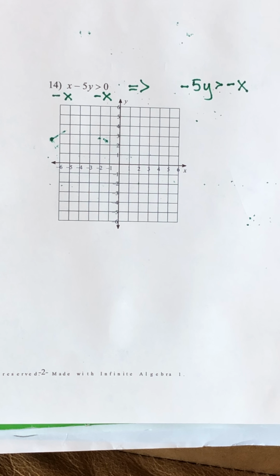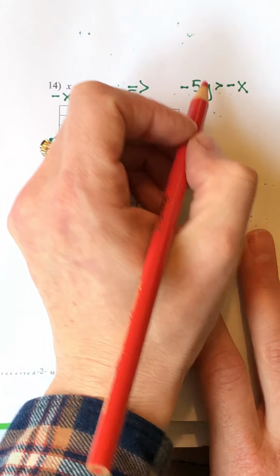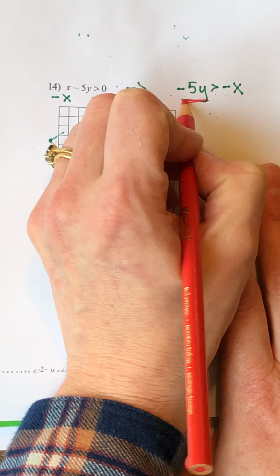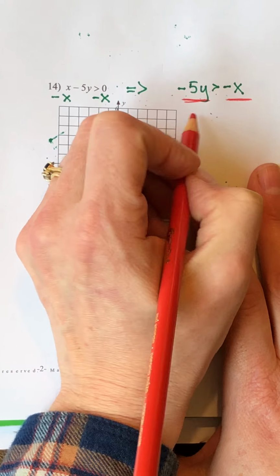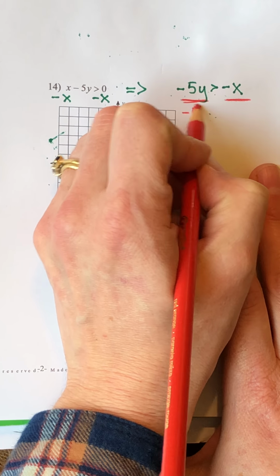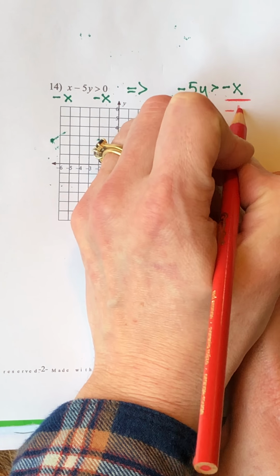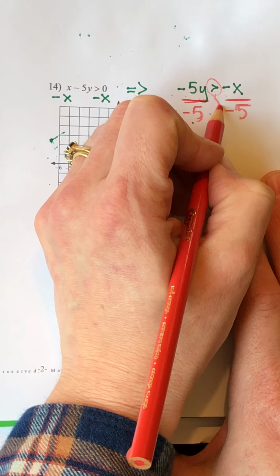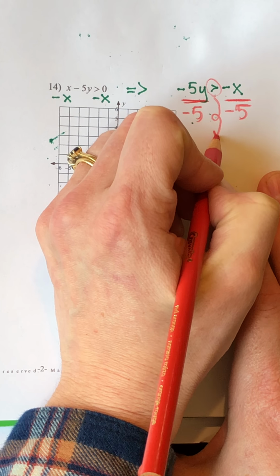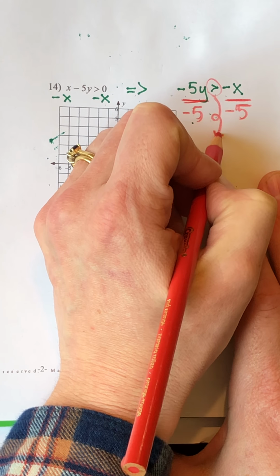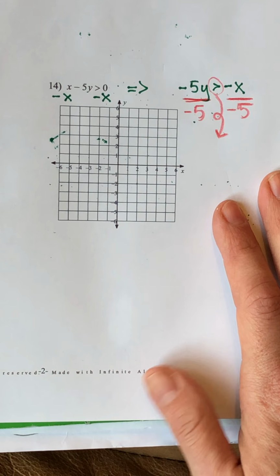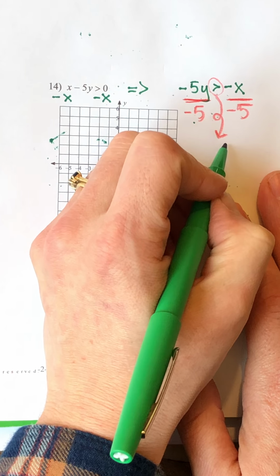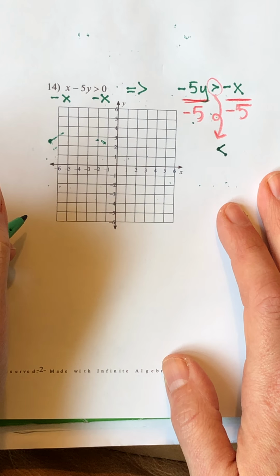All right, so now I need to undo that -5. So I am dividing by a -5, dividing by a negative number. What does that mean, folks? I've got to flip this. When you multiply or divide by a negative number, you flip the inequality.